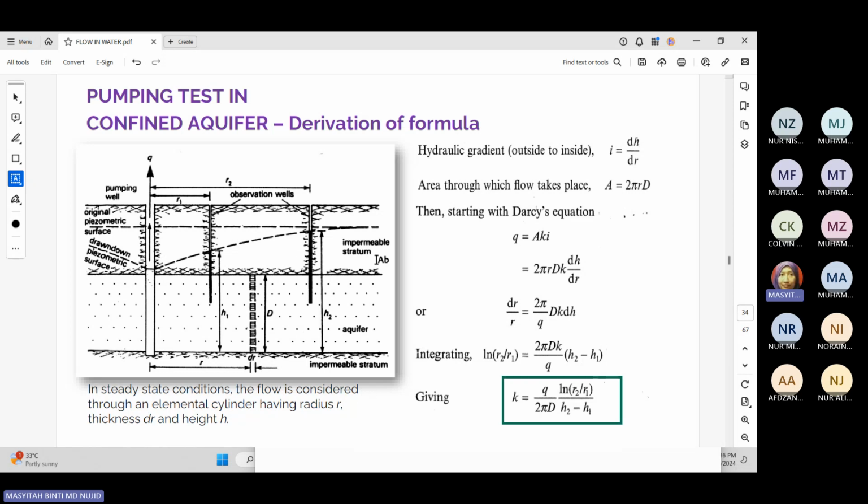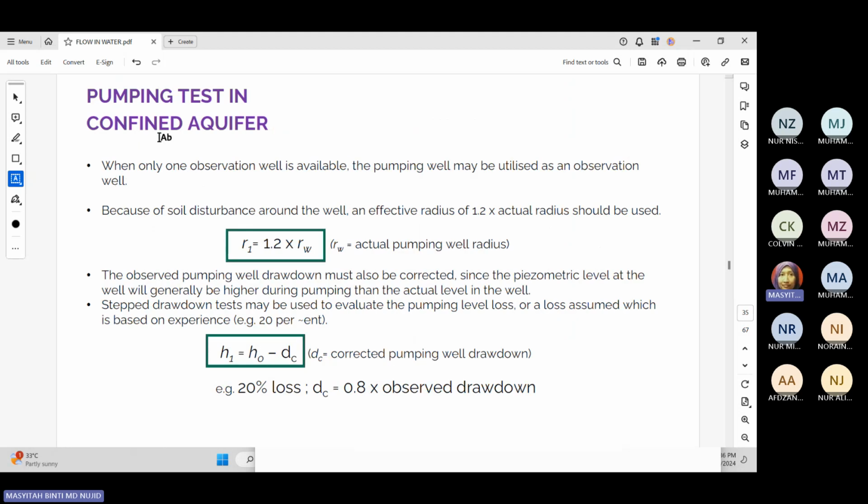Kalau you tengok sini just to explain again the definitions to confined aquifer is that the thickness layer of the material is the sandwiches at the top and bottom by impermeable stratum. So kalau sini kita punya soil sample, so dekat bahagian atas ni adalah impermeable stratum, dekat bahagian bawah pun adalah impermeable stratum.